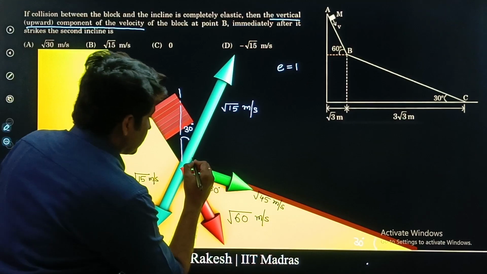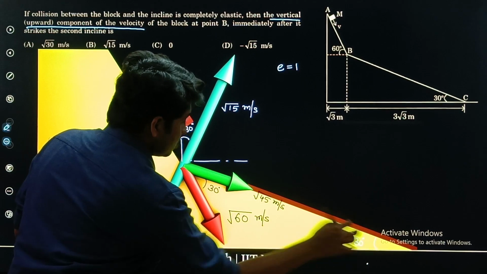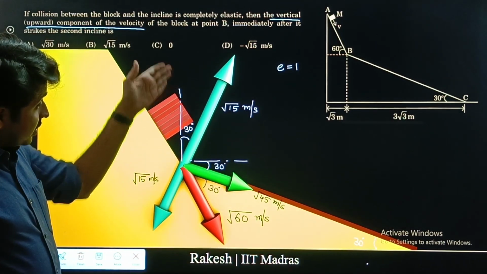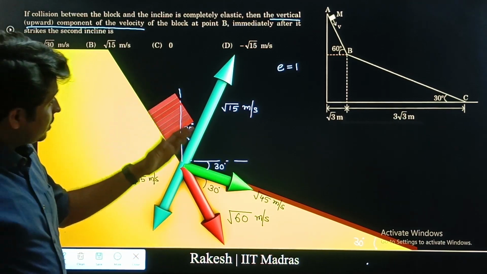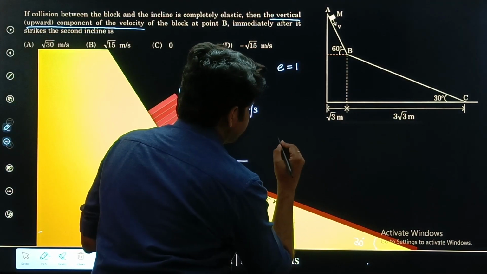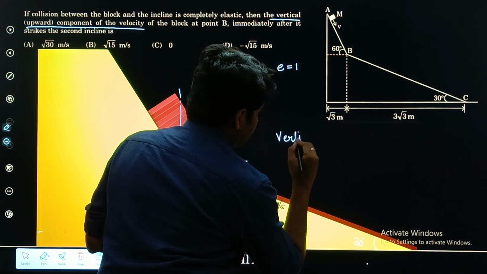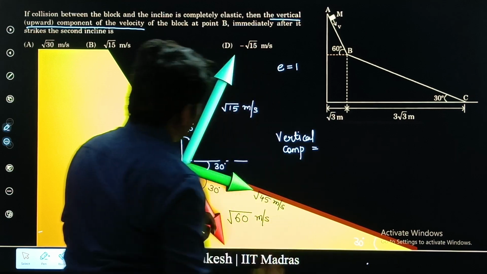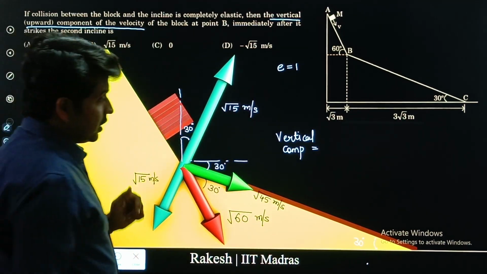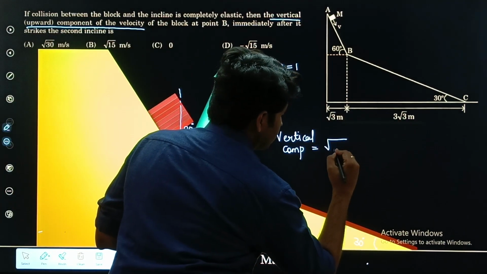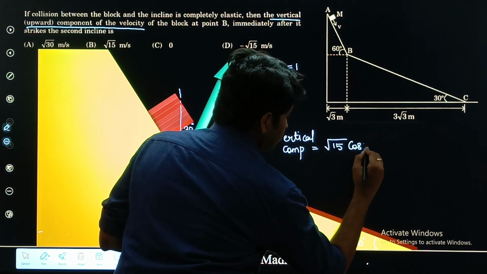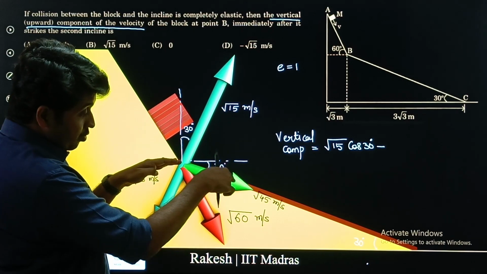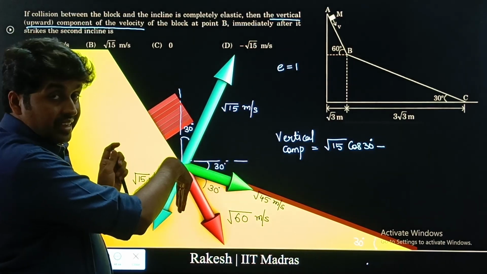Okay, and this angle, this is 30, this also is 30 degrees. So the vertical component of velocity will be equal to root 15 cos 30 minus this is another component, root 45 sin 30.